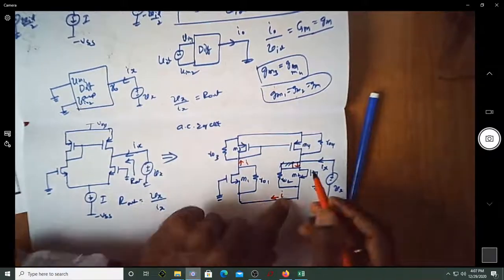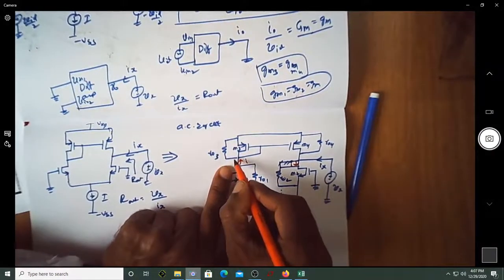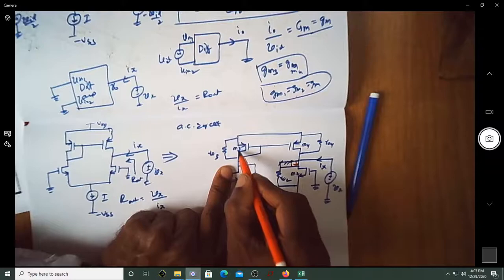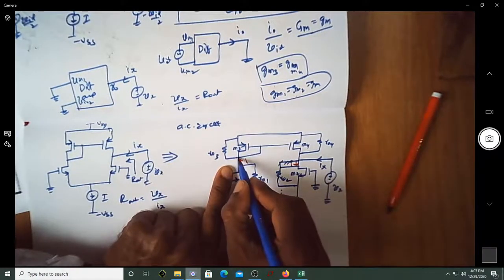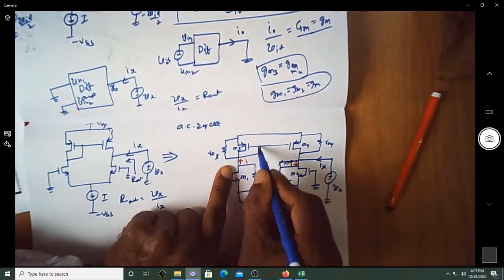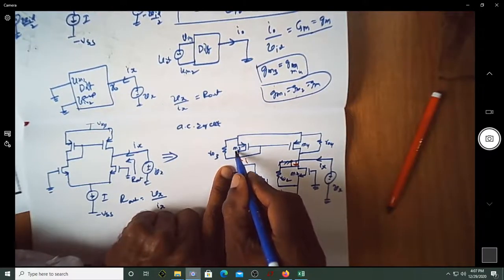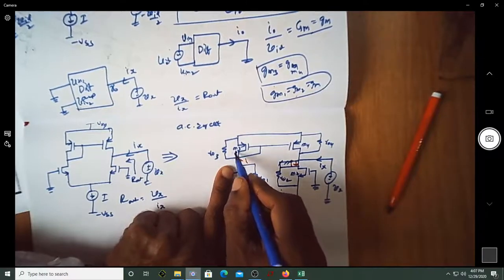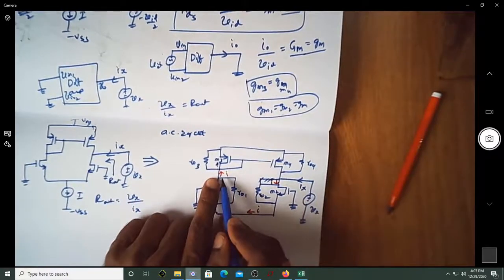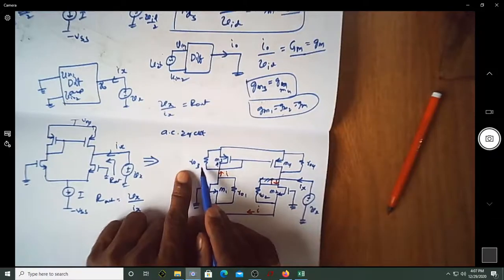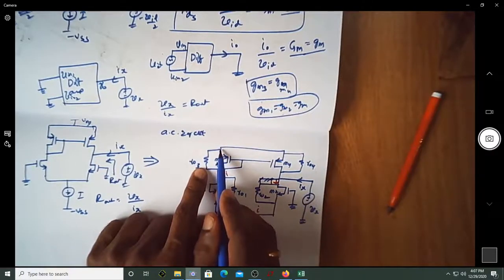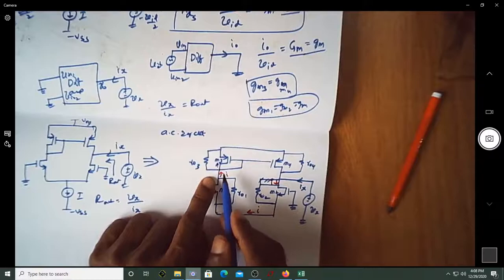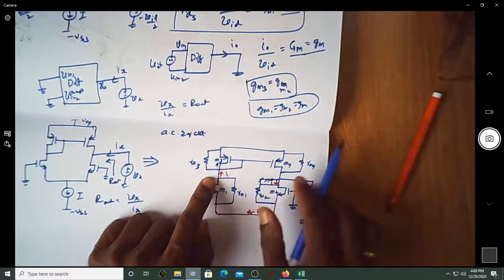Now if you can see here, this is the r03 value and this is M3. Since the drain and gate are shorted, the resistance seen at this point is 1 over gm3. So this current has two paths: either it can go through r03 or through 1 over gm3, because the effective resistance of this will be 1 over gm3. Naturally this current will choose this path.